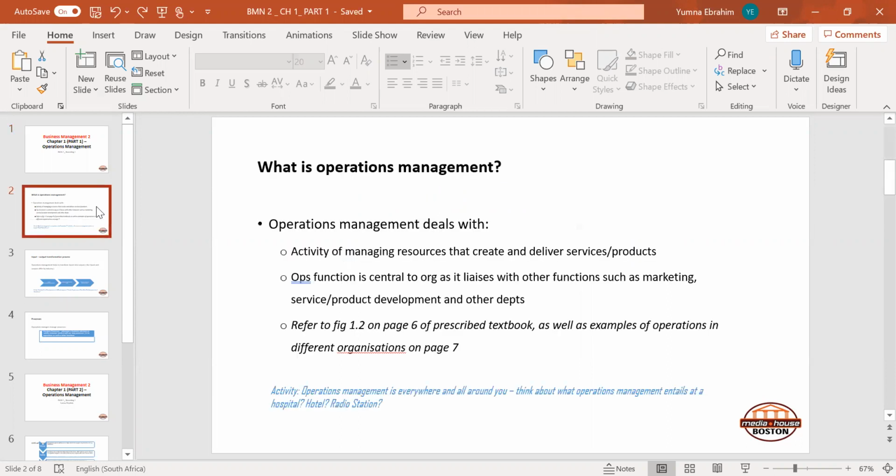The first chapter in the textbook is titled Operations Management, and if you look on page 3, it starts off with the key questions. The key questions in each chapter should be an indication of the learning outcomes. I have been lecturing at Boston Media House for 6 years, doing the same course.